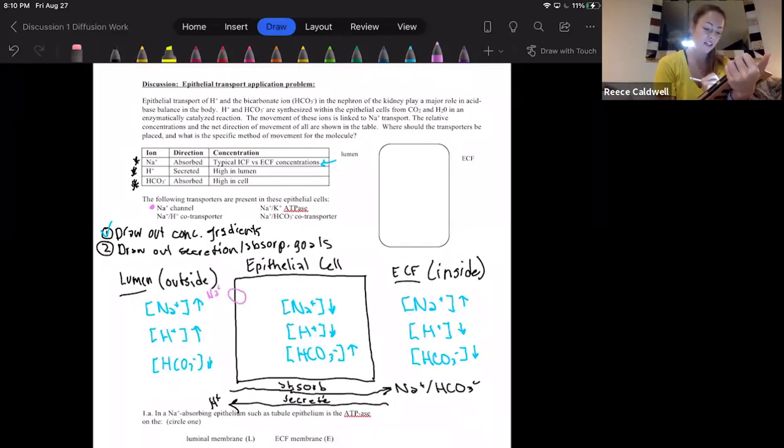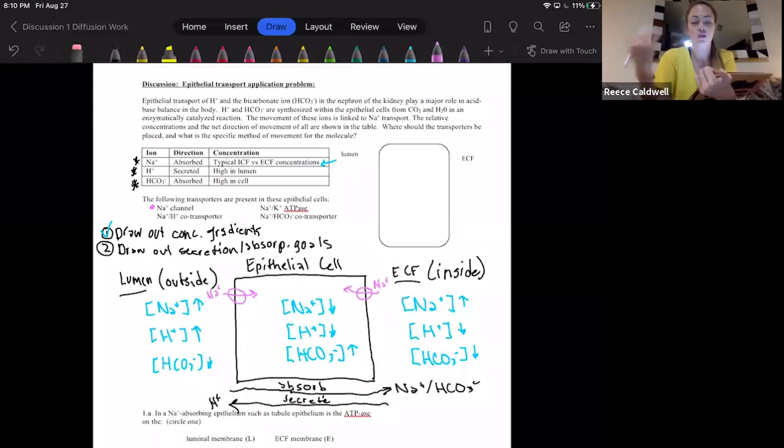If it's facilitated diffusion, that means it's going to be moving with its concentration gradient, from an area of high concentration to low. But again, we can only use each of these transporters one time. So with that information, I want you to think which one of these is going to be the correct movement.